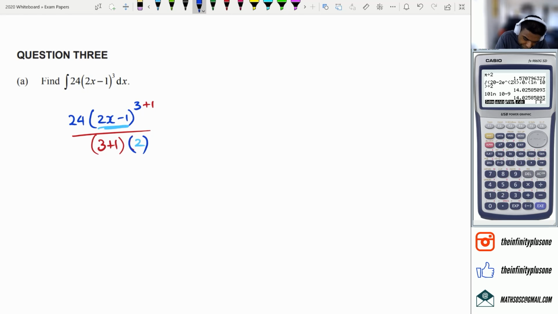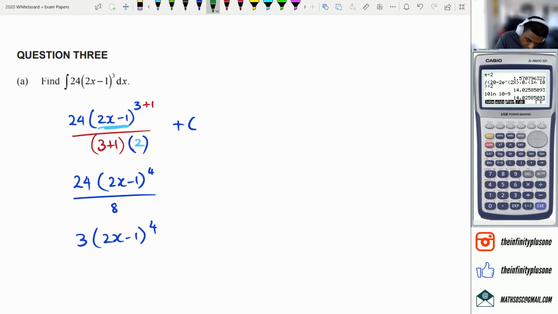And so we're going to divide by that as well. So when we do this, we're going to get 24. Don't forget the plus c. 24, 2x minus 1 to the power of 4 divided by 8 simplifies to 3, 2x minus 1 to the power of 4. Gets you an achieved grade, and we move along to the next question.